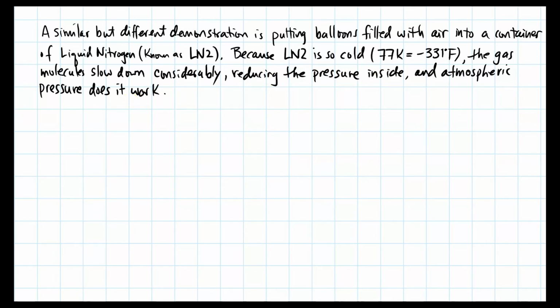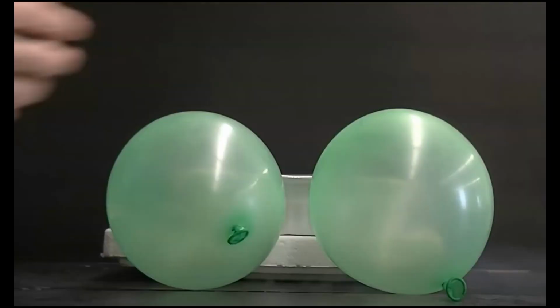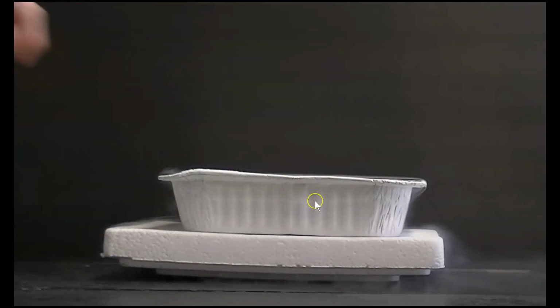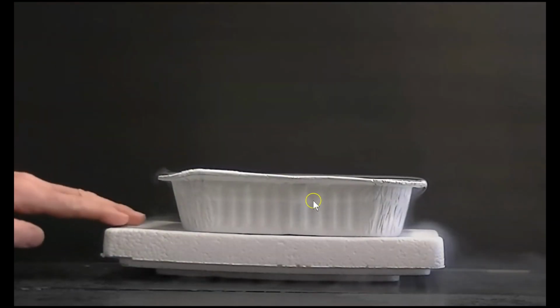balloon. Here's a video. So what you're seeing here is that there are two balloons. It turns out that the one on the left is air, the one on the right is helium. And he's going to put these in a container of liquid nitrogen, too. And then here's the container of liquid nitrogen, too.